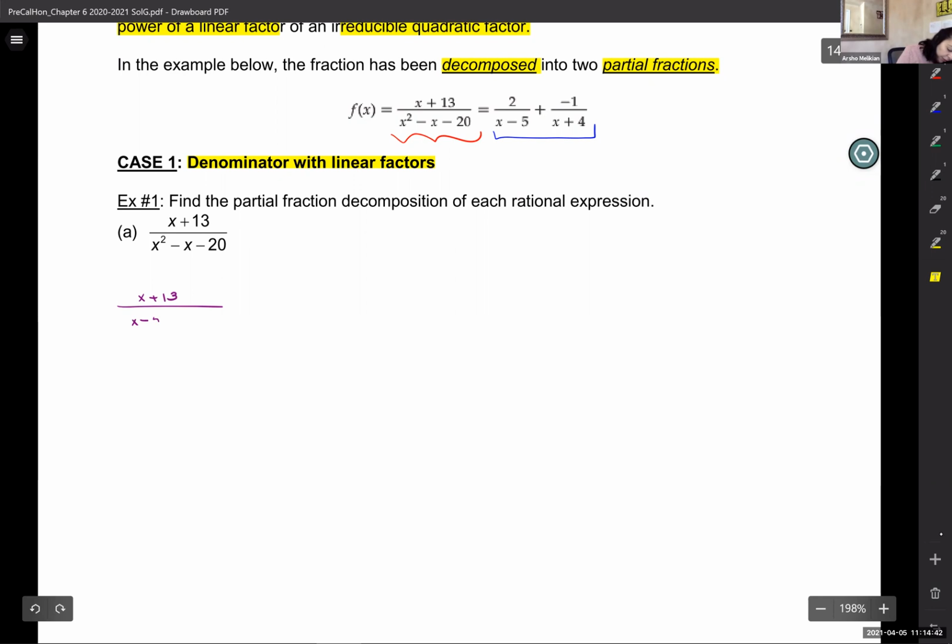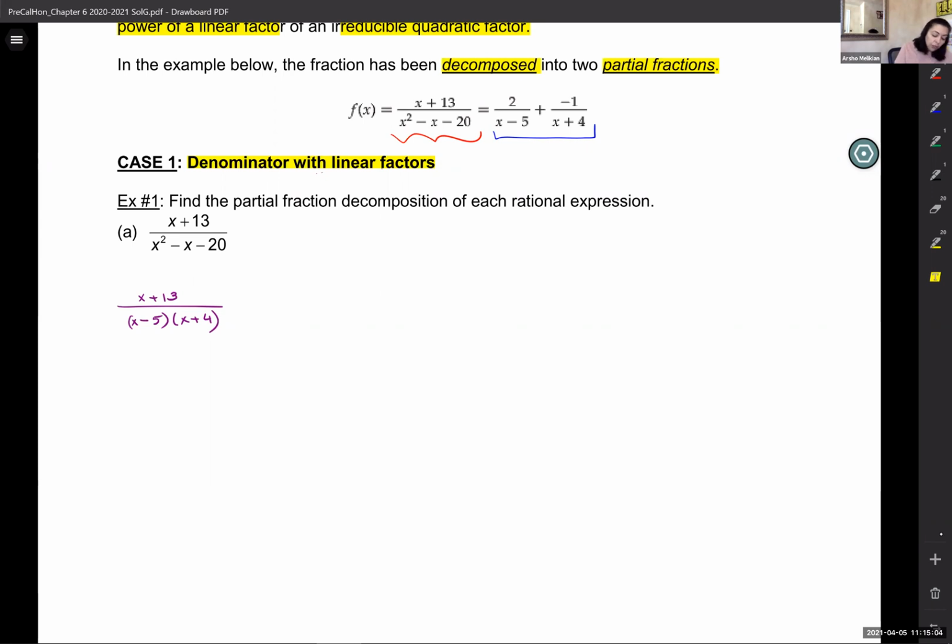When you factor it, you get x minus 5, x plus 4. Do you see how the denominator here has linear factors, right? X minus 5 is a linear expression. X plus 4 is a linear expression. That's why this is a denominator with linear factors.